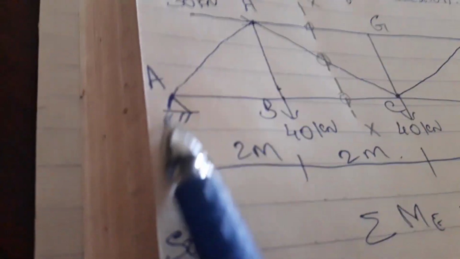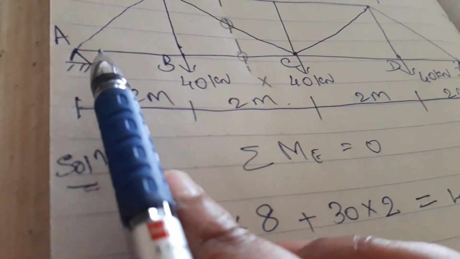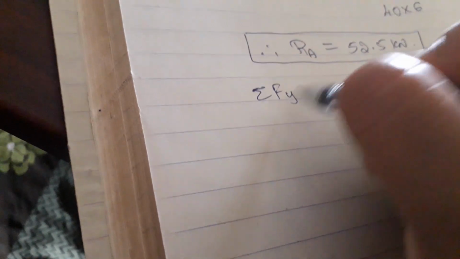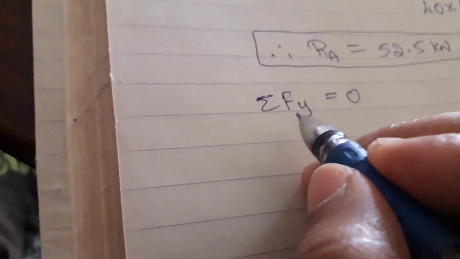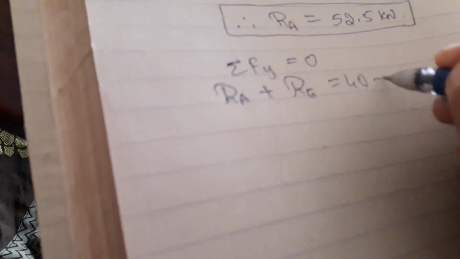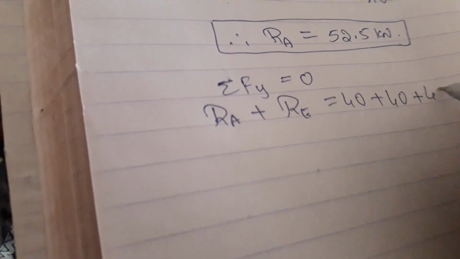So now to find out RE, either we can take sigma MA is equal to 0, or we can write all vertical forces makes 0. That is the summation of sigma Fy is equal to 0. We know this, right? So RA is acting upward, RA plus RE is acting upward, and all vertical newtons, they are acting downward.